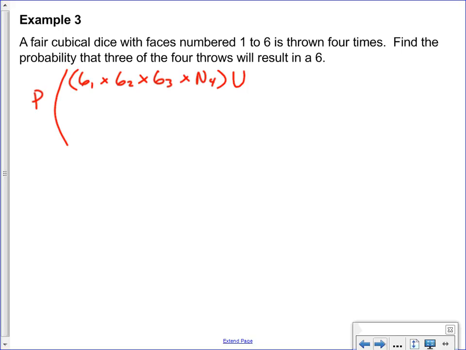Or your first roll is a 6, your second roll is a 6, your third roll is anything, and your fourth roll is a 6. Or first roll 6, second roll anything, third roll 6, and fourth roll 6.